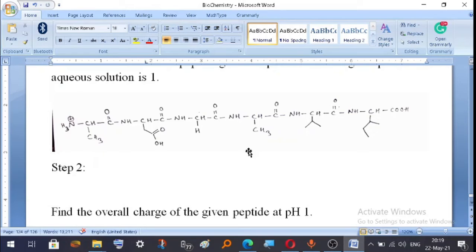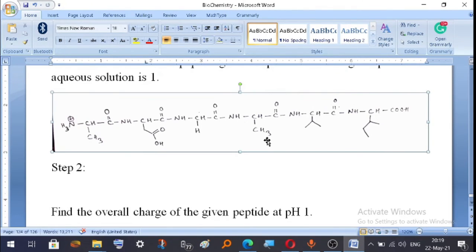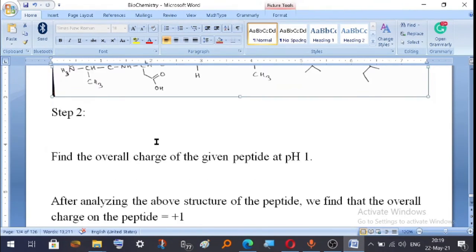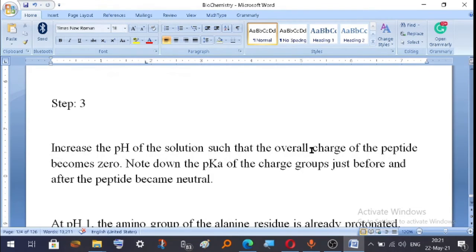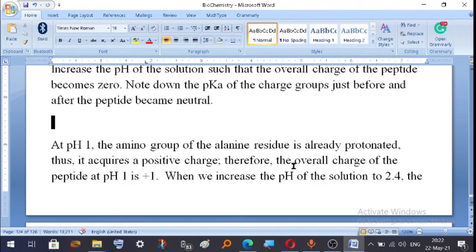Therefore, the overall charge on this peptide is +1. In step 3, we increase the pH of the solution such that the overall charge of the peptide becomes 0. And we note down the pKa of the charged groups just before and after the peptide becomes neutral.